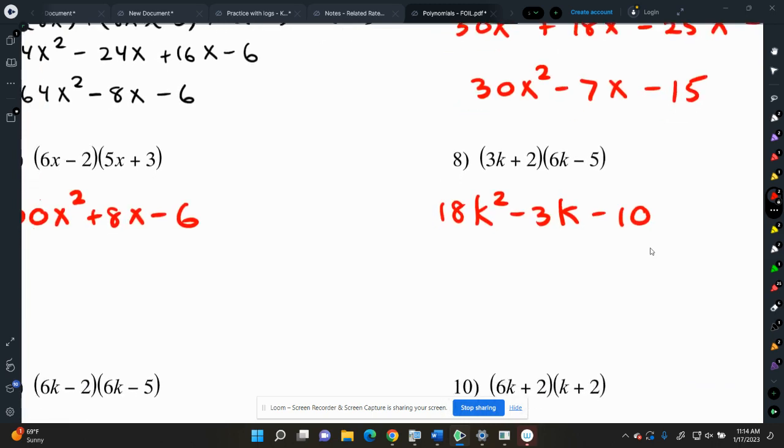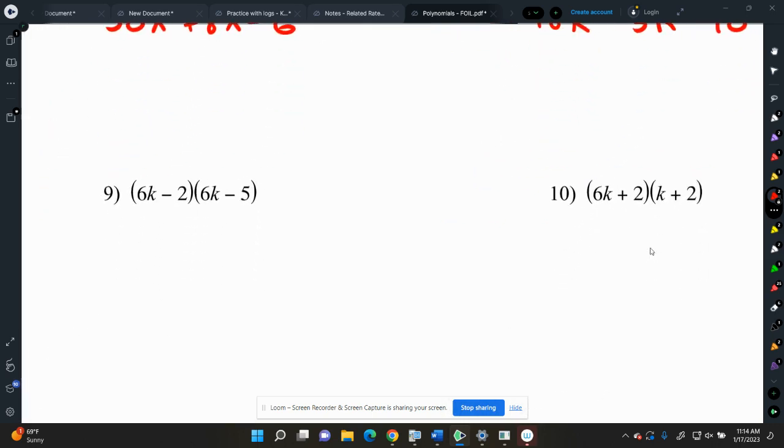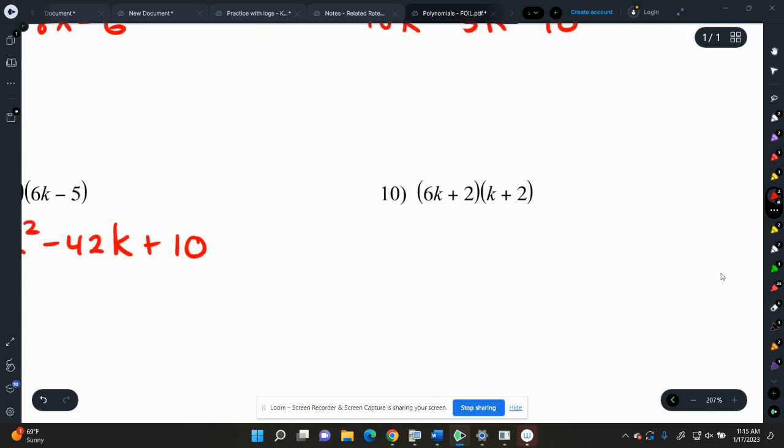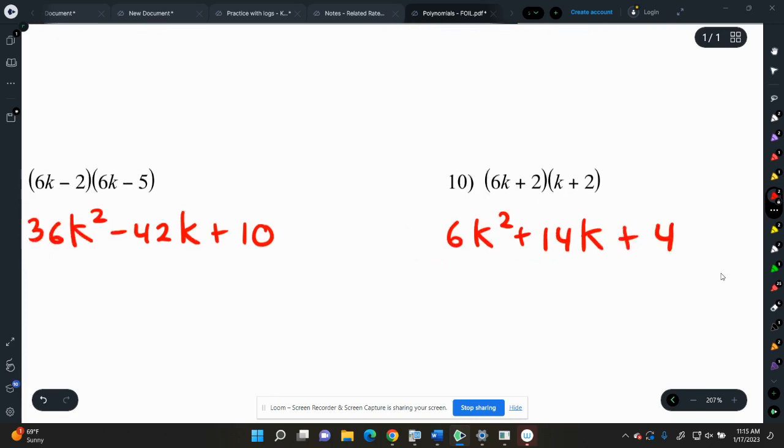Everybody good? Number 9, 36k squared minus 30 minus 12, so that's minus 42k plus 10. And the last one, 6k squared plus 12 plus 2, so that's plus 14k plus 4.